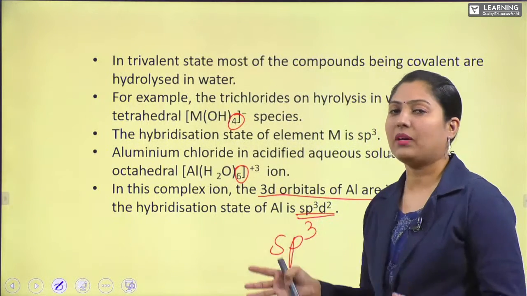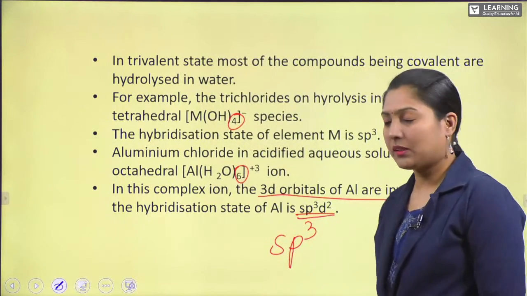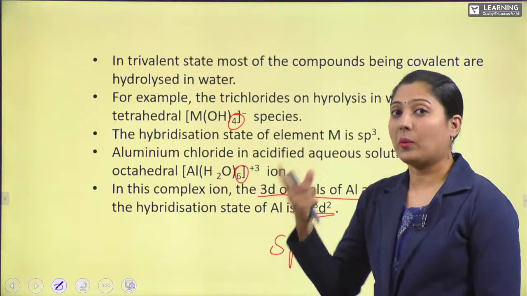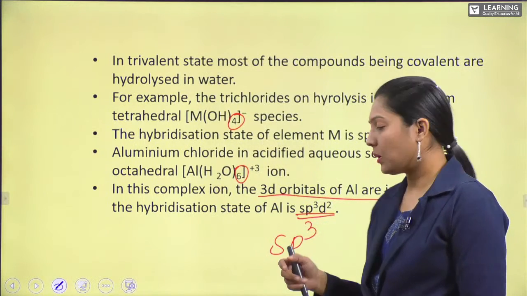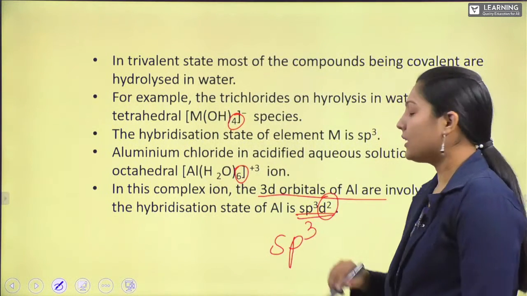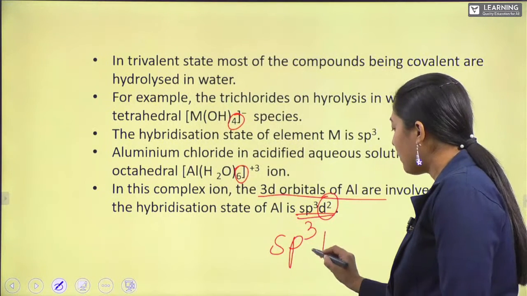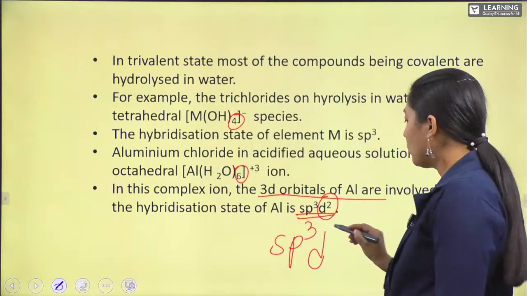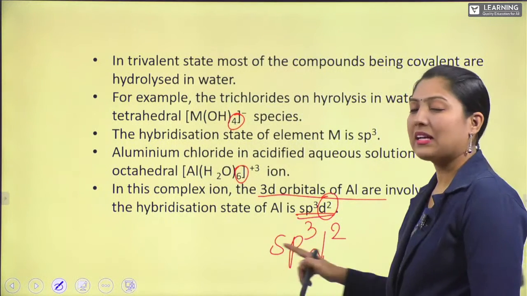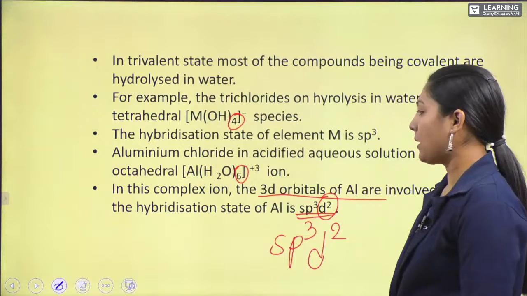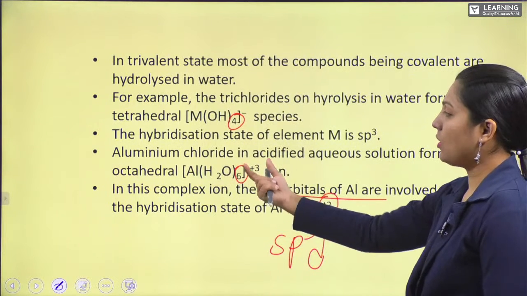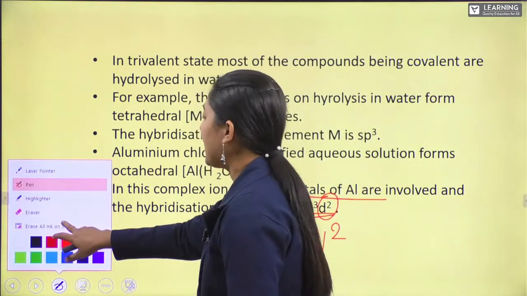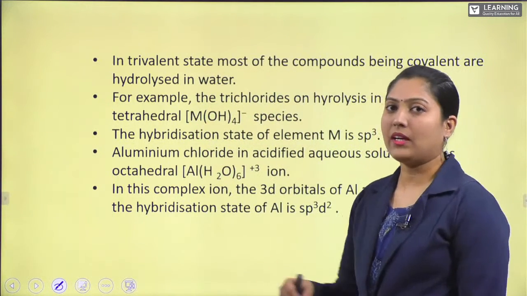Maximum from S and P we can have 4 hybrid orbitals. But here we have 6 ligands. How can we get the 6 orbitals? We can get them by extending to d orbital. We take the empty or vacant d orbital present in the aluminium, and form sp3d2 hybrid orbitals. So in this complex hexa aqua aluminium, we have sp3d2 hybrid orbitals.